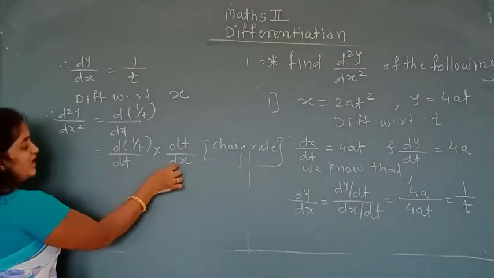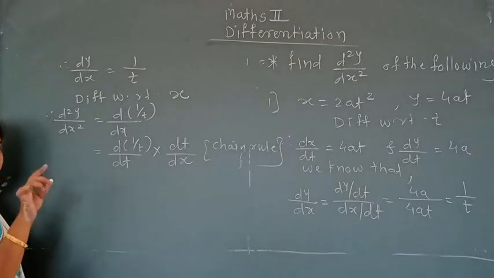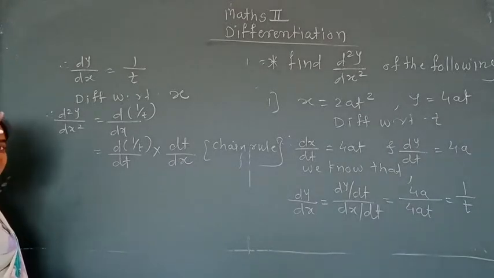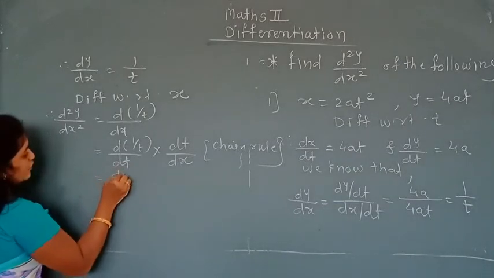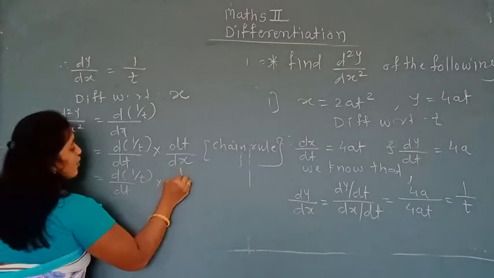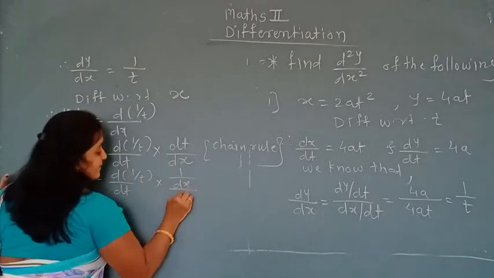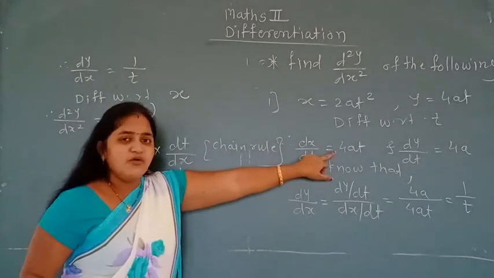Now here we can use the inverse function, which means dy by dx is equal to 1 upon dx by dy. So here dt by dx is 1 upon dx by dt. Now what is dx by dt? We earlier found 4at.